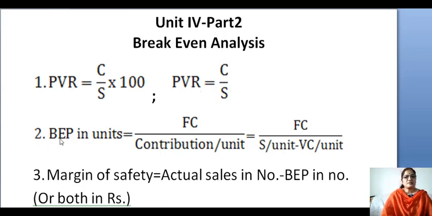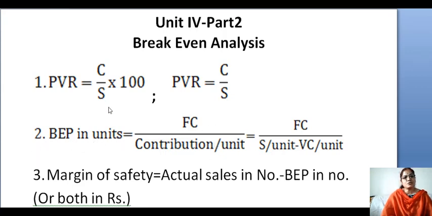Second one is BEP in units. BEP can be represented, I already told you in the previous session, in two ways. One is in units, the other one is in sales or in rupees. How do we come to know in what it is represented? By seeing its unit. If it is in units, then it is this one. If it is represented in rupees, then it is in terms of sales or amount. So if in units is needed, then this is the formula to be used.